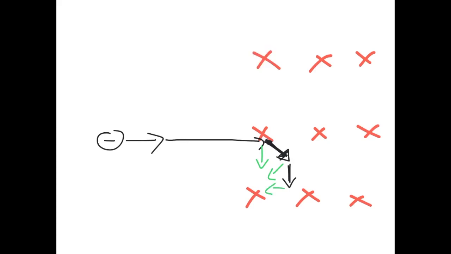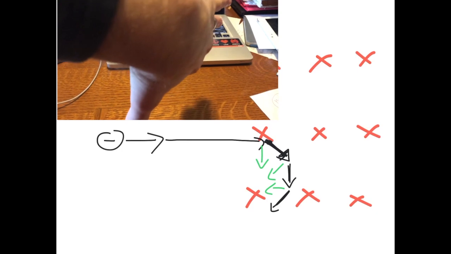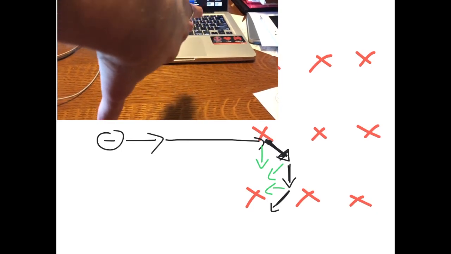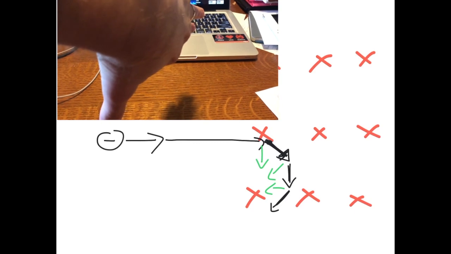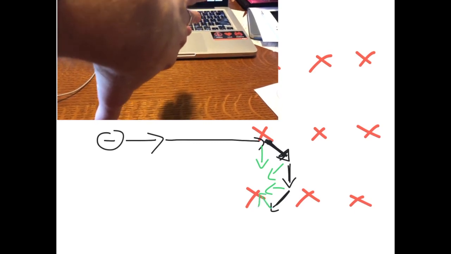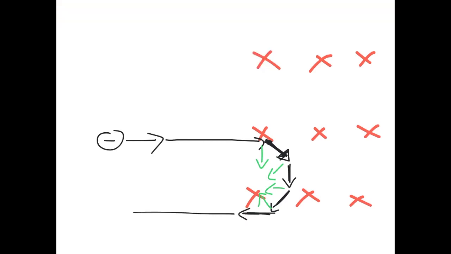And that's going to bend him one more time, and he's going to go this way. And then I can do the hand rule again. So my thumb is going in the direction of the black vector, my fingers are in the direction of the red vectors, and I get a new green force vector that's this way. And that causes my electron to go this way, and he comes right back out.